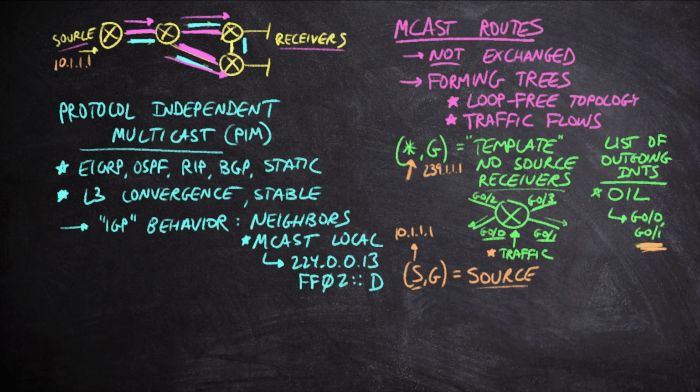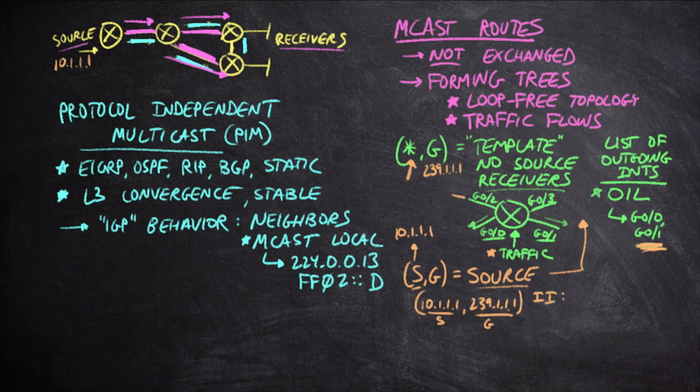Well, now that I have a source, I can build an actual S comma G entry that is based on this template. And so I can say that my S comma G, so 10.1.1.1, comma 239.1.1.1, this entry, again, S for the source, G for the group, has an incoming interface.